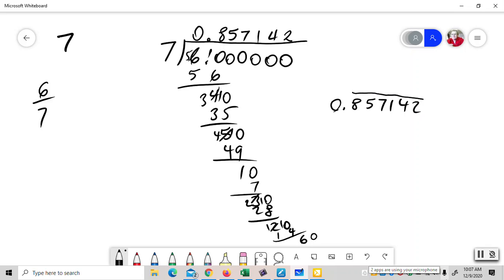857,142. 857,142. That's what it would look like if you wrote it out. 857,142, 857,142, and so on. Which is pretty insane. But we would not actually write it that way. That would be kind of ridiculous.